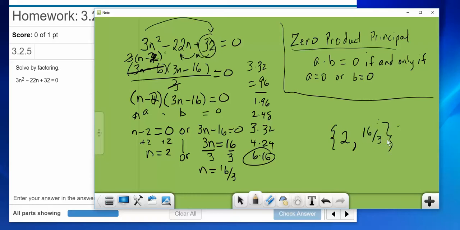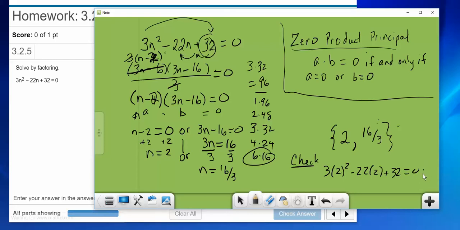And again, I can check. I can plug the 2 into the original problem if I wanted to. Punch this in my calculator and see if it in fact equals 0. So if I do that real quick, 3 times 2 squared minus 22 times 2 plus 32, hit equals, I get 0.